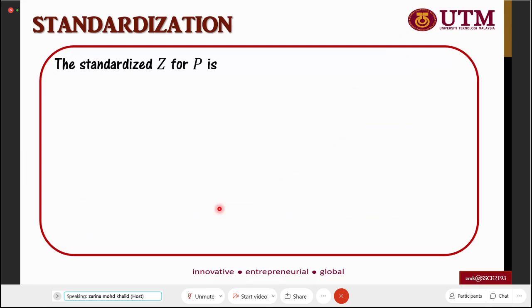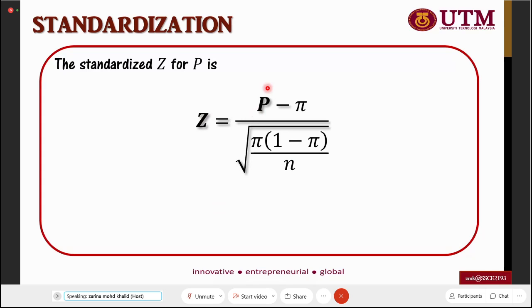Before we go into the continuity correction factor, let's look at how you standardize. Since you know the distribution for P, the standardization is just the variable of interest P minus its mean, which is pi, divided by its standard deviation, which is the square root of pi times 1 minus pi over n. Before this, you had X bar minus its mean mu divided by its standard deviation, the square root of sigma squared over n.